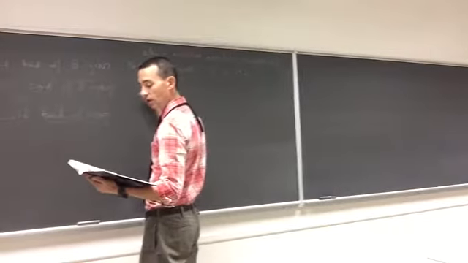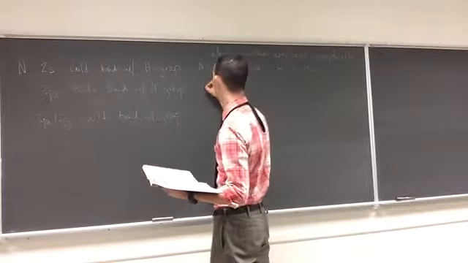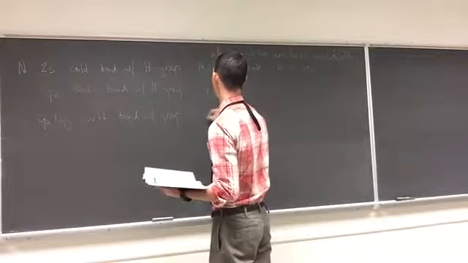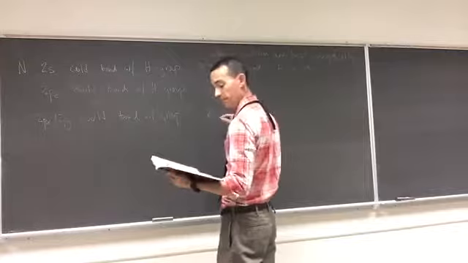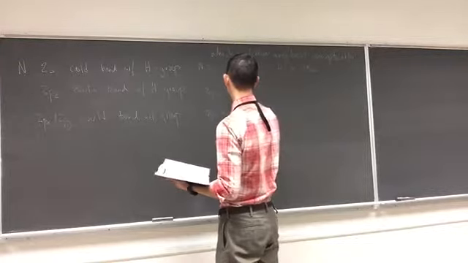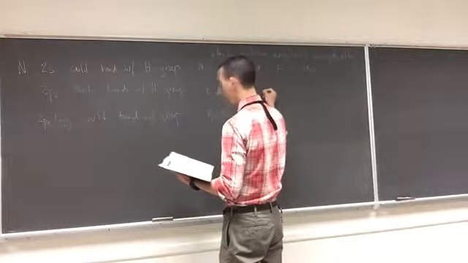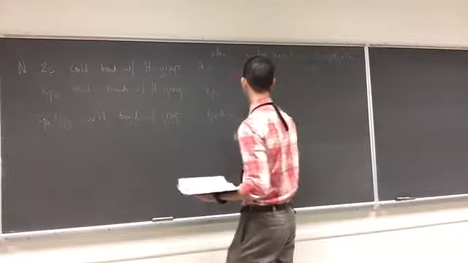The nitrogen 2p, which would define the 2pz, 2px, and 2py, they're all going to be the same. Nitrogen 2p's are negative 13.18 electron volts.